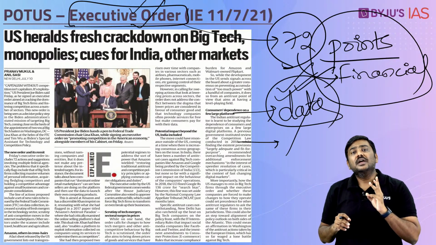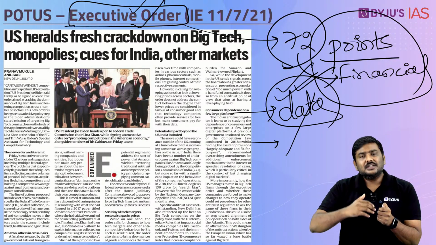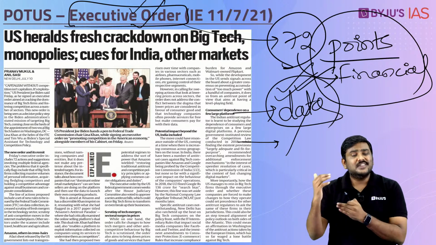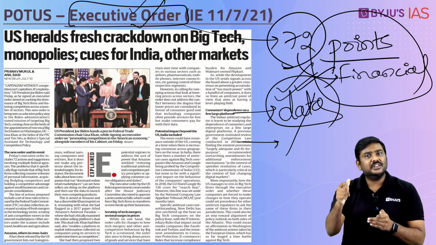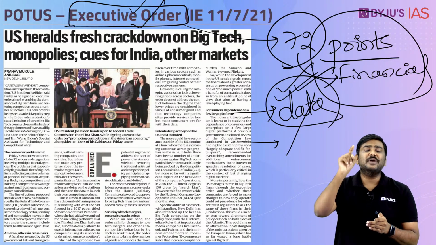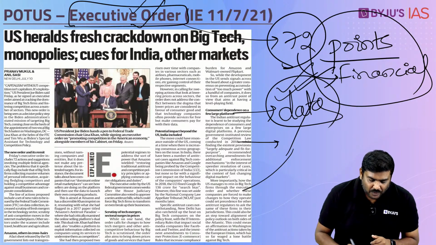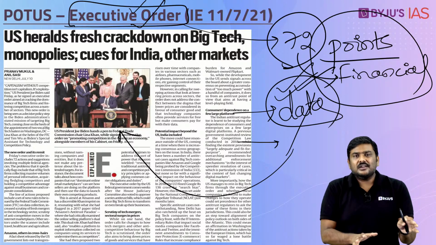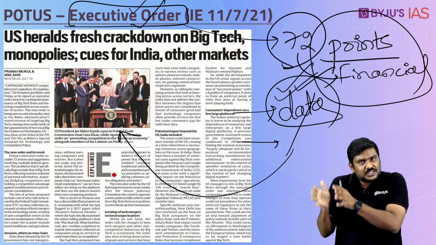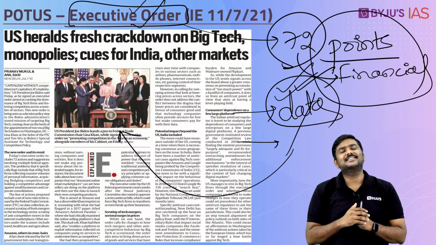And the third one, if the acquisition of competitors is done continuously like this, then even these acquisitions and mergers will be closely scrutinized by the federal agencies. So, these are certain points that you must focus on with respect to the UPSC exam.